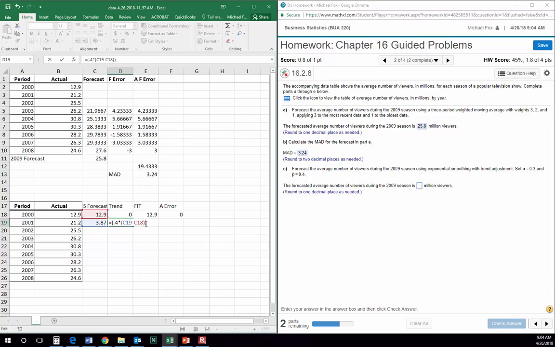Then we take that and we add it to 1 plus, I'm sorry, 1 minus our beta times the trend from the previous period. You can see with all these formulas that it's easy to make a mistake. So sometimes you just have to do your best.